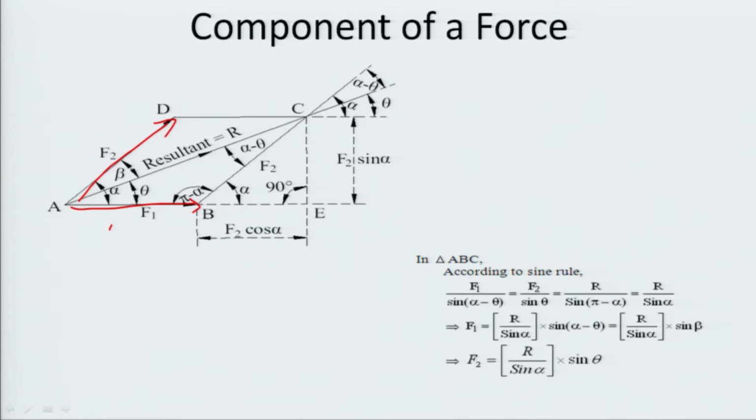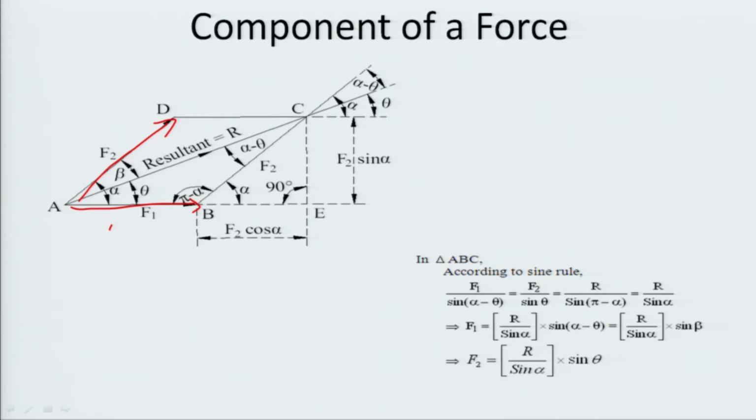Angle between F1 and F2 is represented here alpha, and theta is the angle of resultant from F1, and beta is the angle of resultant from force F2.